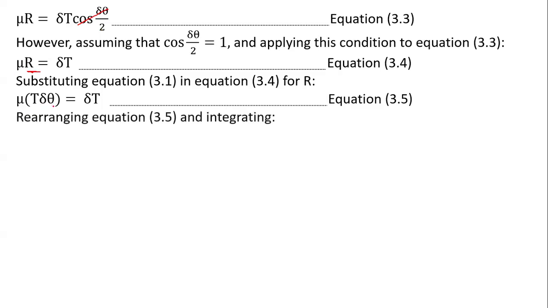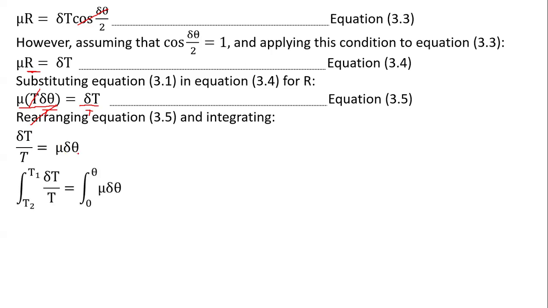And that being the case, we can now divide both sides by T. So here, the T will disappear. But on the other side, I'll remain with delta T over T. Then the other side, I'll have mu multiplied by delta theta.